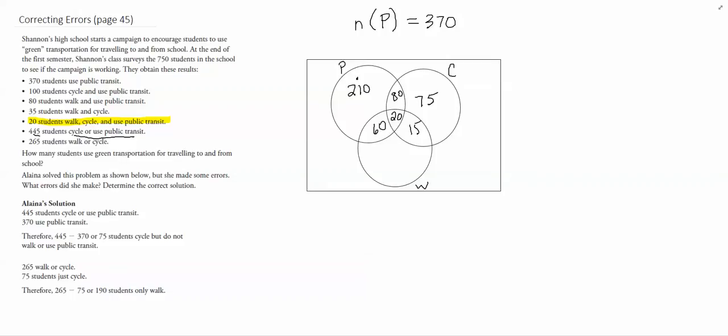So we know that 265 students walk or cycle.